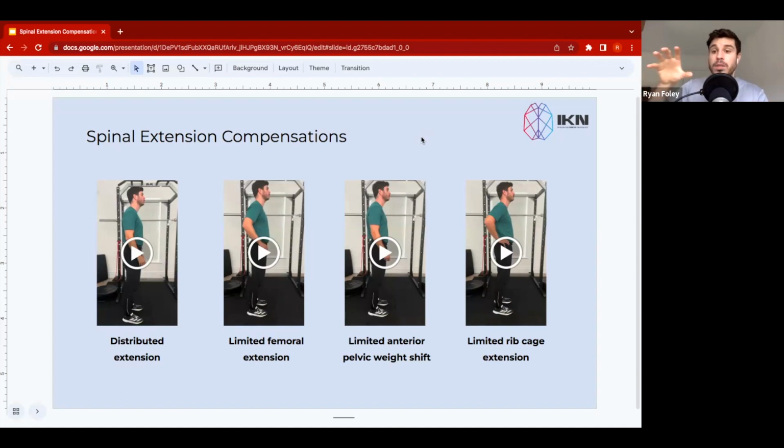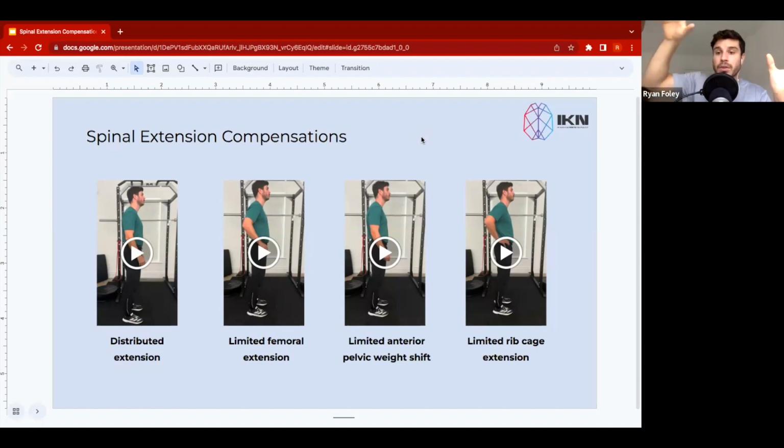But we also want the pelvis to have the capacity to flex or anteriorly tilt. When the rib cage and thoracic spine extends and the pelvis can anteriorly tilt and flex, that gives the lumbar spine the ability to extend. Then further into the spinal extension strategy, we want that pelvis to have the capacity to shift forward, and that gives the femur the ability to extend as well.